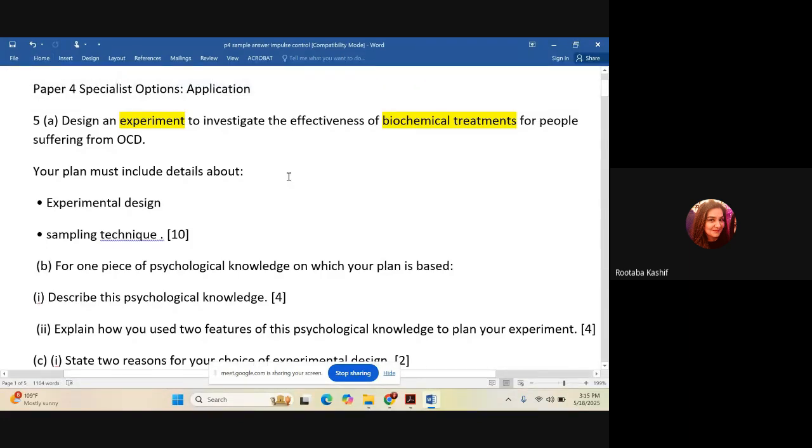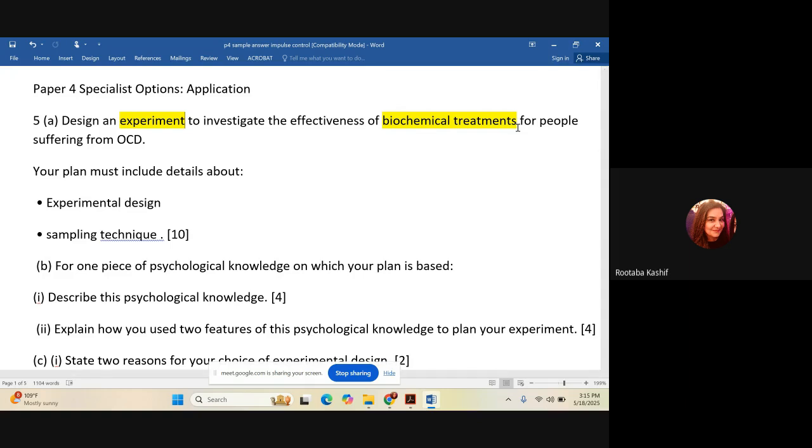So you need to know what an experiment is, how to design an experiment, and what the important features of the experiment are, which have to be listed. And what is the topic? The topic is OCD, obsessive compulsive disorder, and the effectiveness of biochemical treatments. What do you think biochemical treatments are?